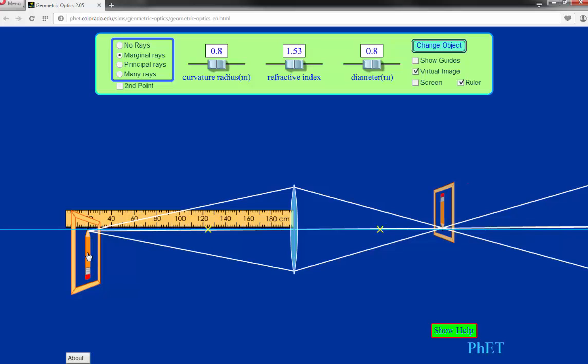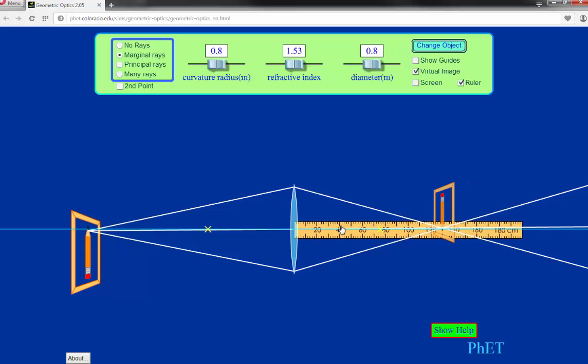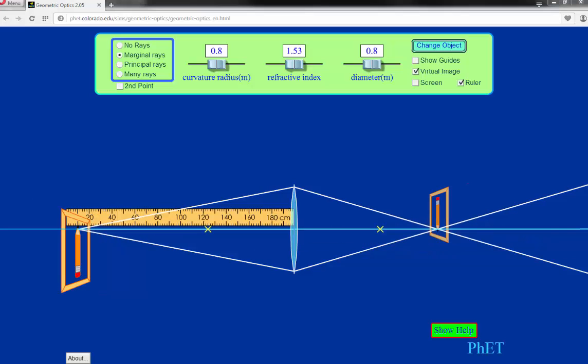Try to line this guy up at the 20 centimeter mark, which basically is equivalent to saying that I'm lining him up 180 centimeters away from this. And we now can put this guy in here. Looks like we're lined up pretty close to the 130 centimeter mark now.